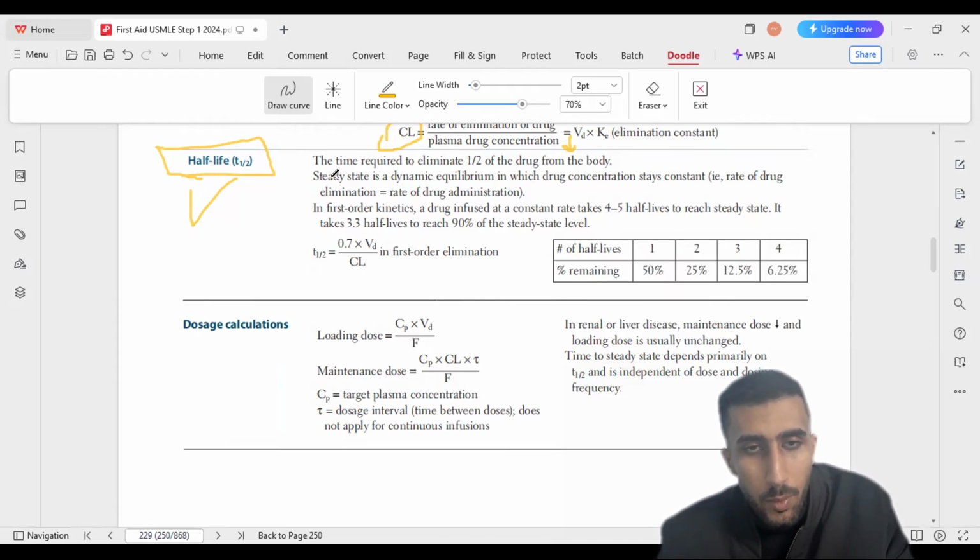And another very important concept is the steady state. I think it's hard to understand, but imagine you are giving someone a drug orally, and the patient starts to absorb it through the intestine, and it takes time. Some of the drug is still in the intestine, some of it is in the circulation, and at the same time it is being excreted.